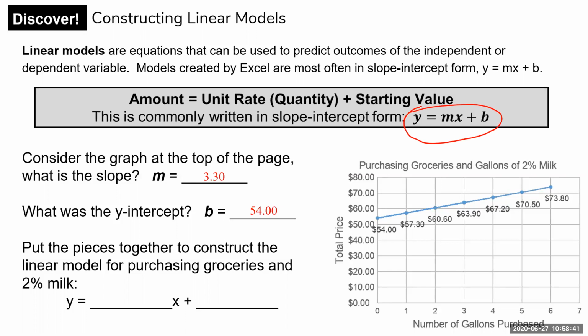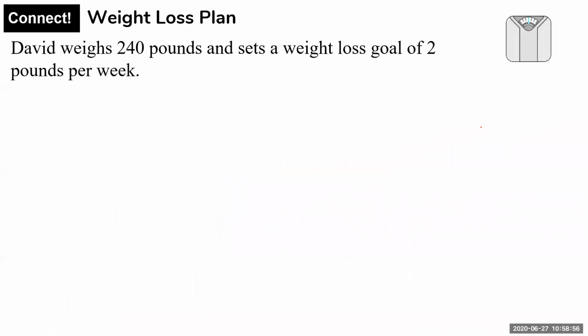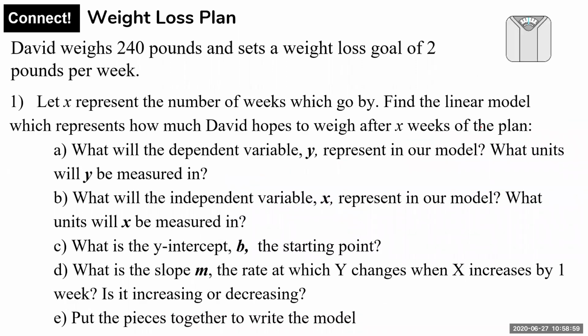Now we want to substitute these into the formula, and we have that and that. So our trend line equation, y is equal to 3.30x plus 54. Okay. Now we can use this to model, and that's what we call the linear modeling. We can use this to model real life scenarios or situations.